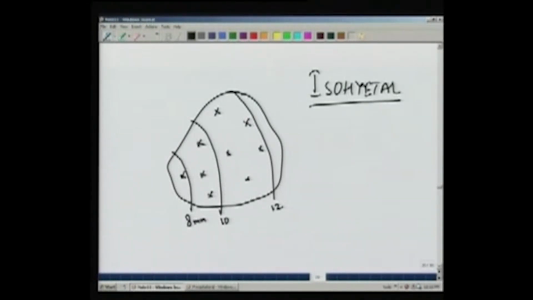This will have less than 8, this between 10 and 12. So we will draw these isohyets, and then we will assume that the area between two isohyets has a rainfall which is equal to the mean of the values of these two isohyets. So this area will have a rainfall of 9 millimeter.